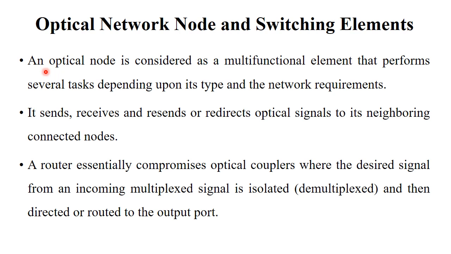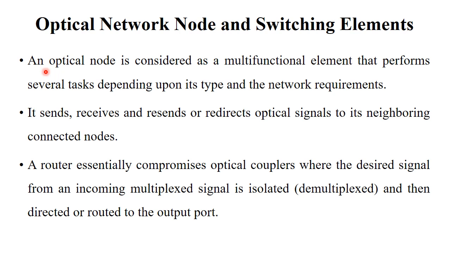Now, when several different wavelengths of light, that means in a multiplexed manner, are traveling through an optical network, then a signal or a wavelength from that multiplexed set can be isolated, that is demultiplexed, and it can be rerouted.